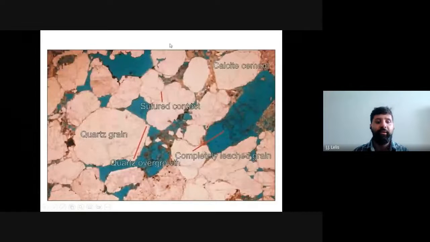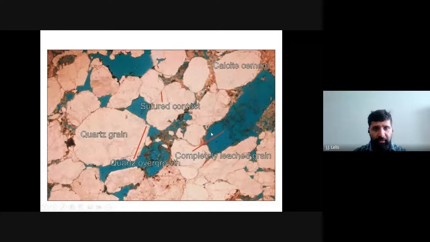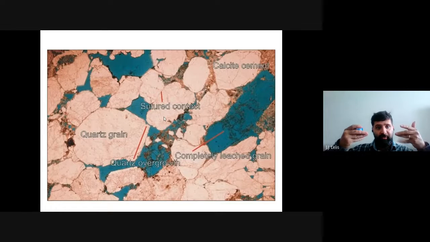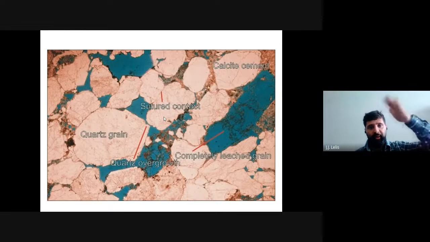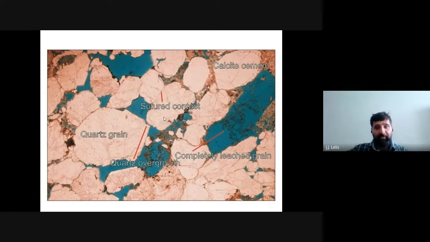Here we can find some of these materials that are related to the weathering of a buried layer that now is exposed at the surface. So we have a paleosol that was formed in the past in a surface condition. After that it was buried, and today it's exposed.